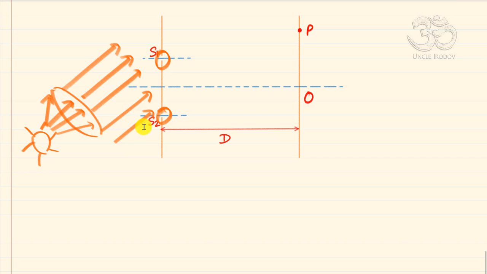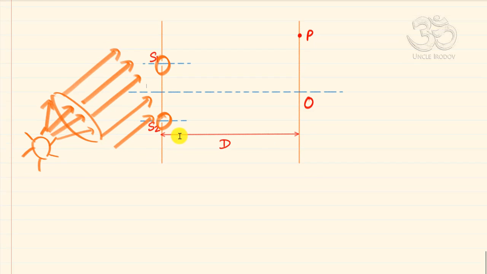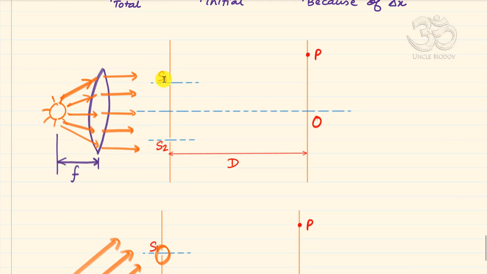When it hits S2 and S1, the waves that are hitting S1 would have traveled a longer distance, and the waves that are hitting S2 would have traveled a shorter distance. So there will be some phase difference incorporated because of this entire process. So please keep in mind that you will have to take care of that initial phase difference also.